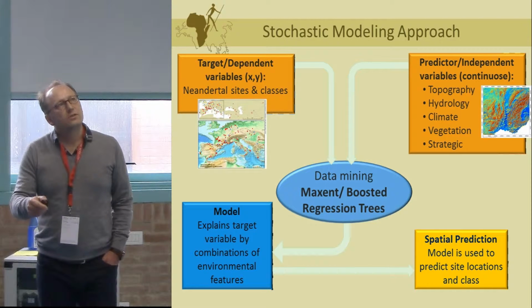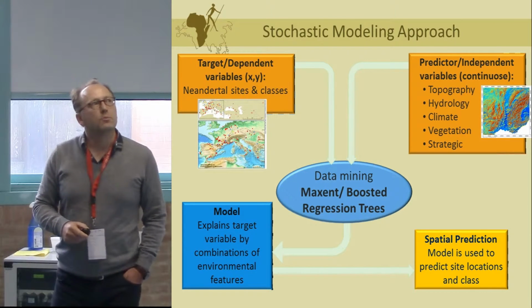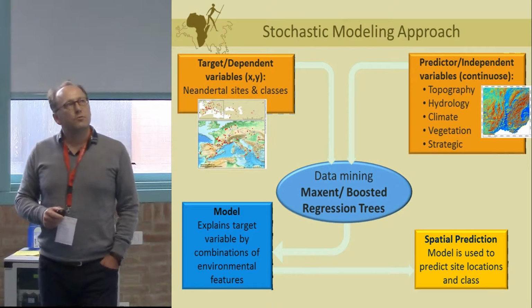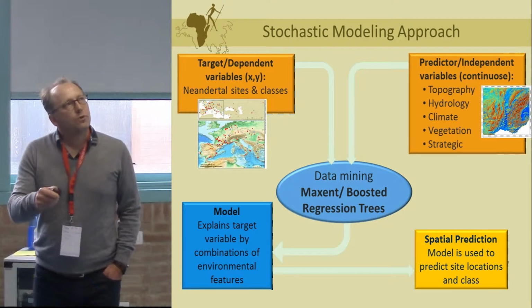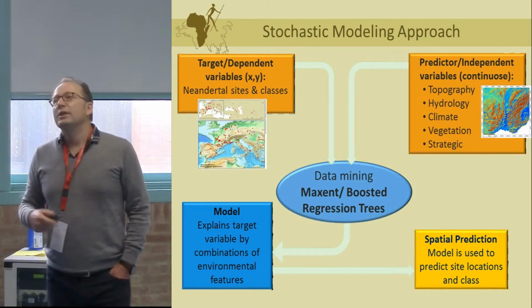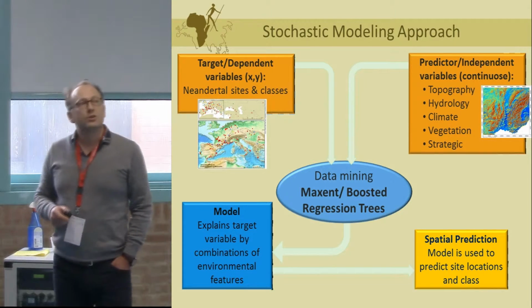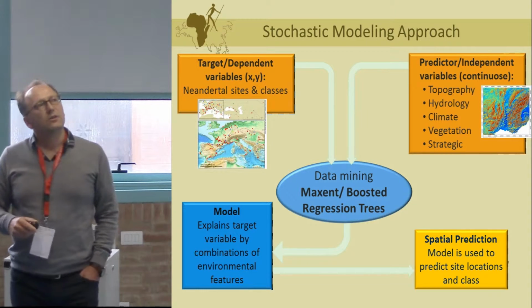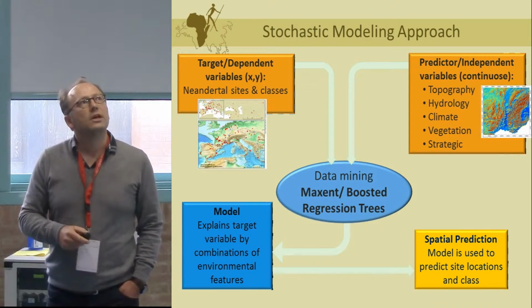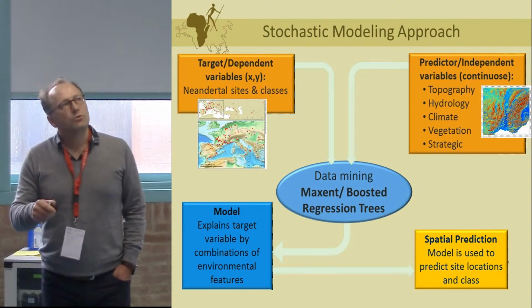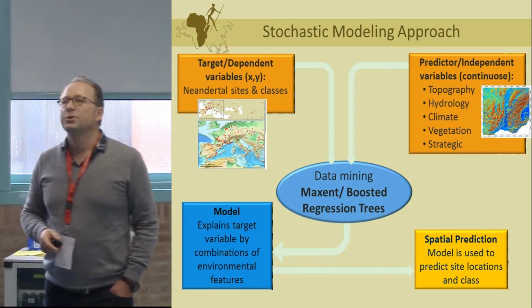So then this is assessed with the data mining approach, and as I said, we have used two different models, the Maxent and boosted regression trees. From this approach, we get a model that explains the target variable by the combination of the environmental features. And once we know the combination of different predictor variables that are describing the target variable, we can use this information also to do a spatial prediction.